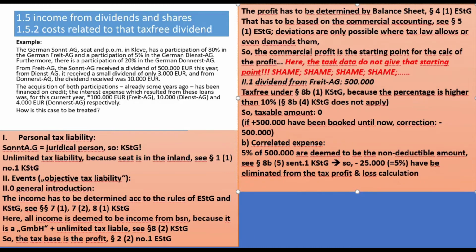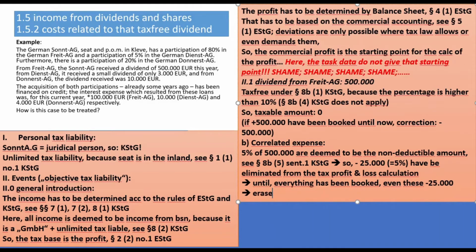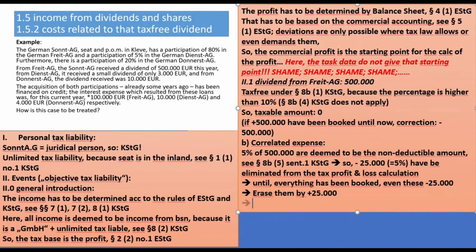And how do you eliminate that? Until now everything has been booked, even these minus 25,000, so erase them by plus 25,000 in the books.